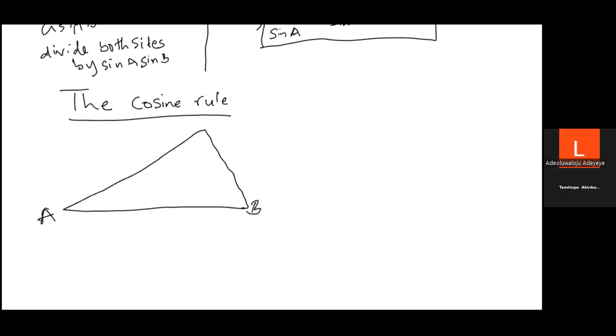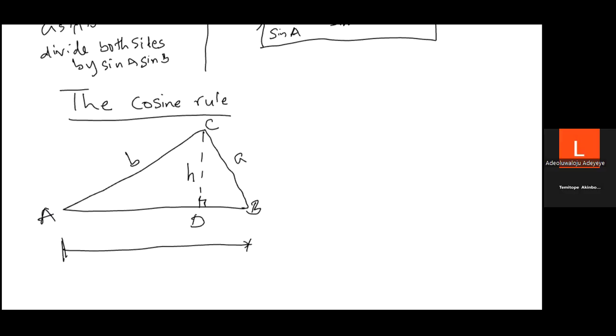Then drop a perpendicular from C. The point where the perpendicular hits line AB, let's call it D. The perpendicular CD, let's call it H. Then, of course, BC is going to be A, AC is going to be B, and the whole of AB is going to be C.